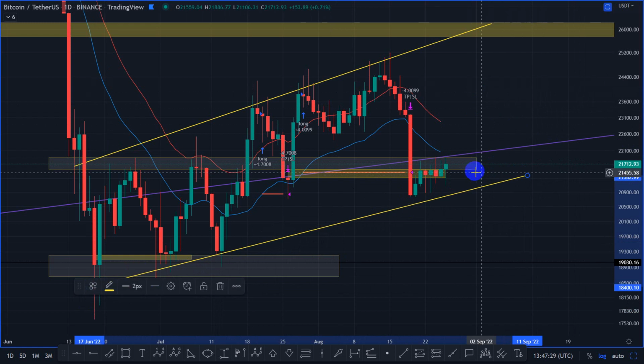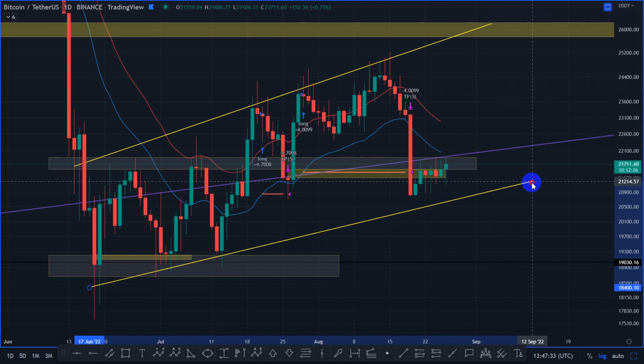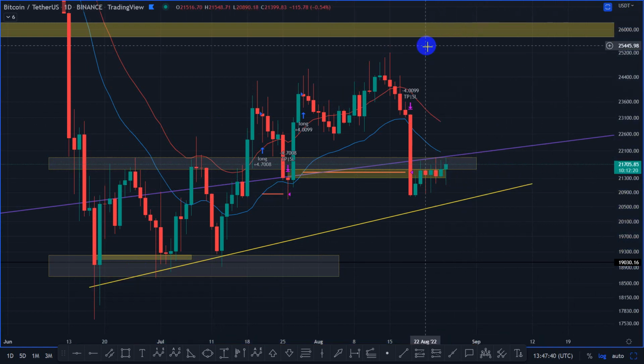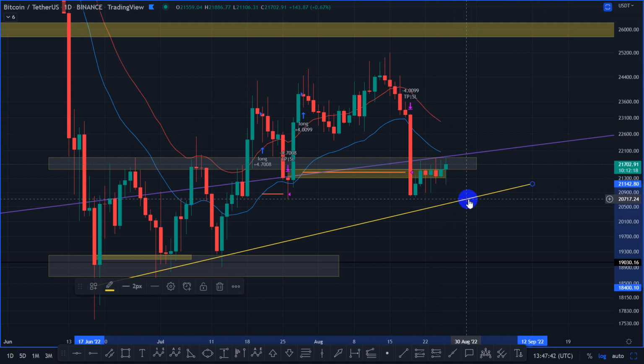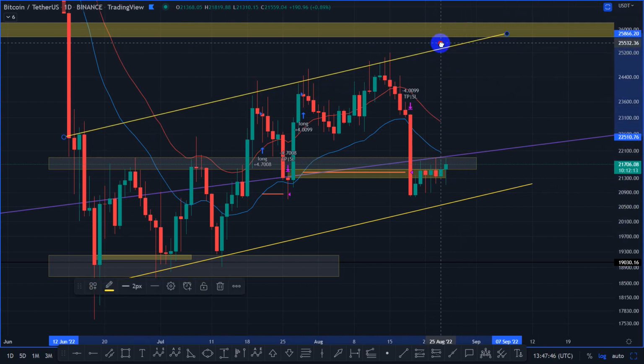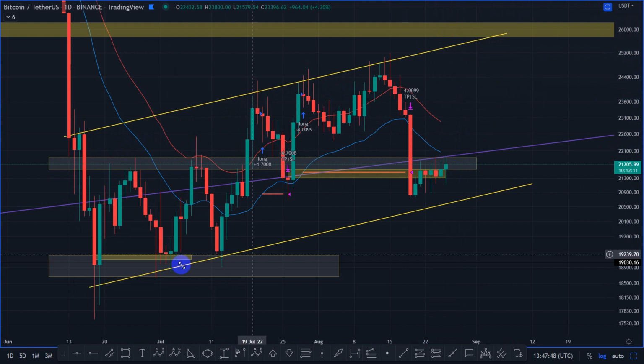For example, if the price will just trade a little for a while here, and then it will fall lower somewhere here, bounce from it, then you will be able to make this line and then project it from here, and it will still be a channel. But how do you find all of these points, even in this pattern? That is the question. So, because of that, too subjective, I don't trade those patterns.